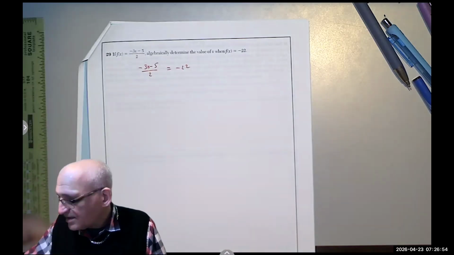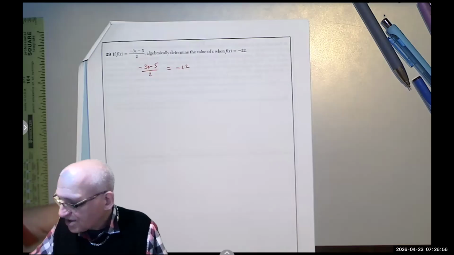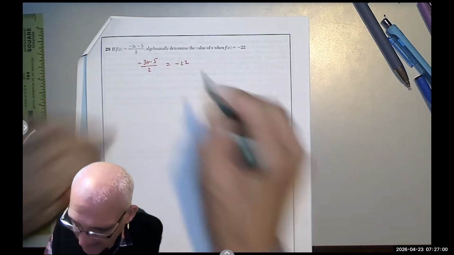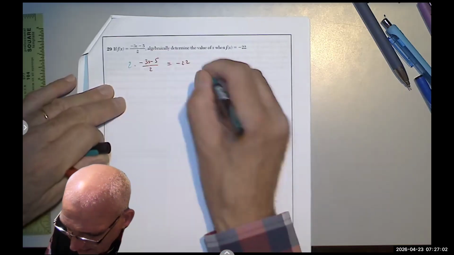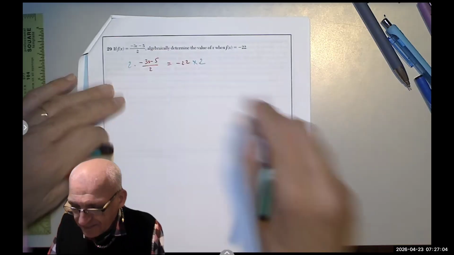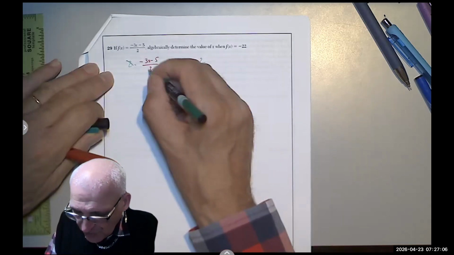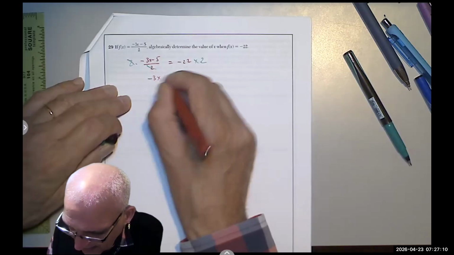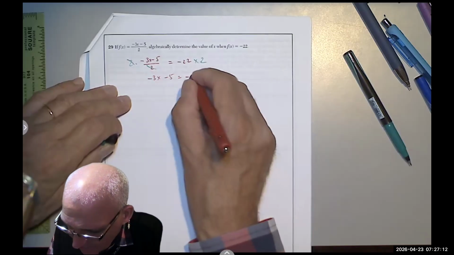Right? Because both of them are f of x, so they must be equal to each other. You multiply the left-hand side by 2 and the right-hand side by 2. So the 2 and the 2 cancel, and you get negative 3x minus 5 equals negative 44.